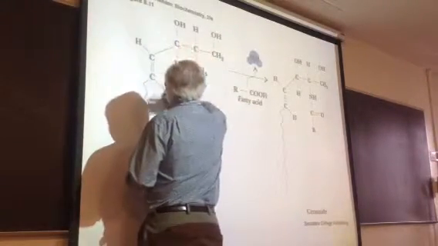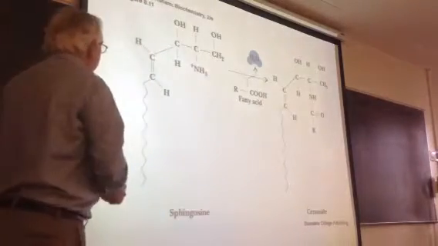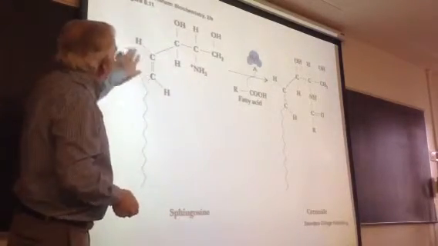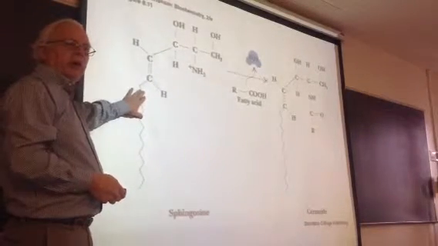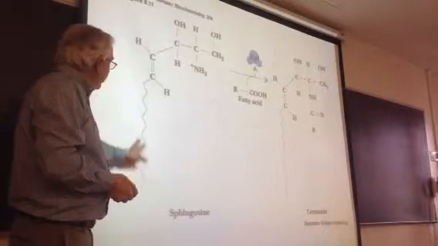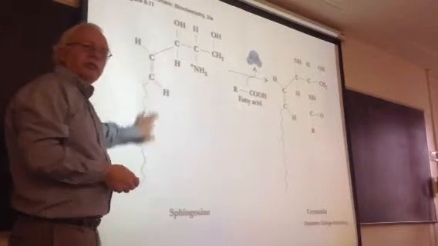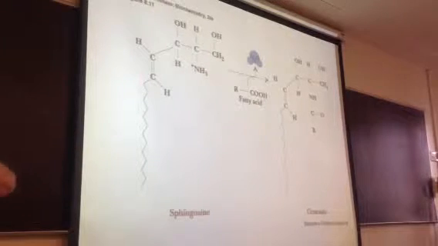It just had 3 carbons, 3 alcohols. This sphingosine molecule is quite long, and it looks like it's got a fatty acid already on it, but it's actually not attached separately. This was never a free fatty acid. It's just a long hydrocarbon tail that happens to be part of this sphingosine molecule.